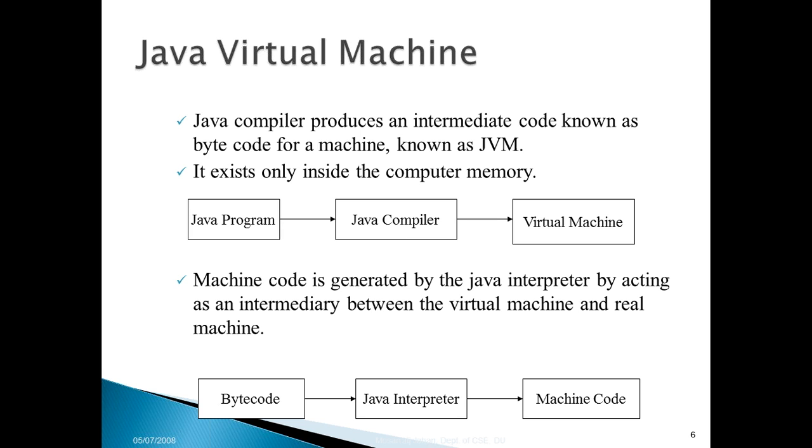Now, this byte code can be converted into a machine code when the program is executed for the second time. For example, you are writing the code in one machine and you want to run it on another machine. Your program is already compiled, and just to get the output, you have to convert it into a machine code, right?